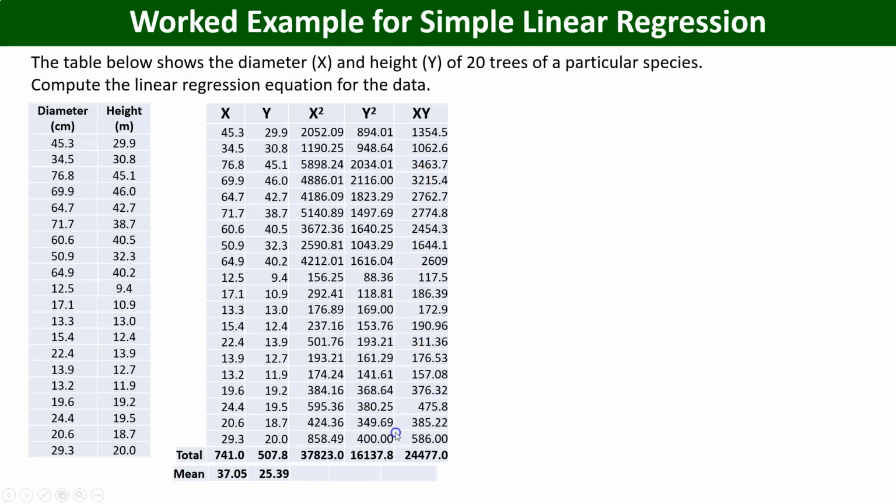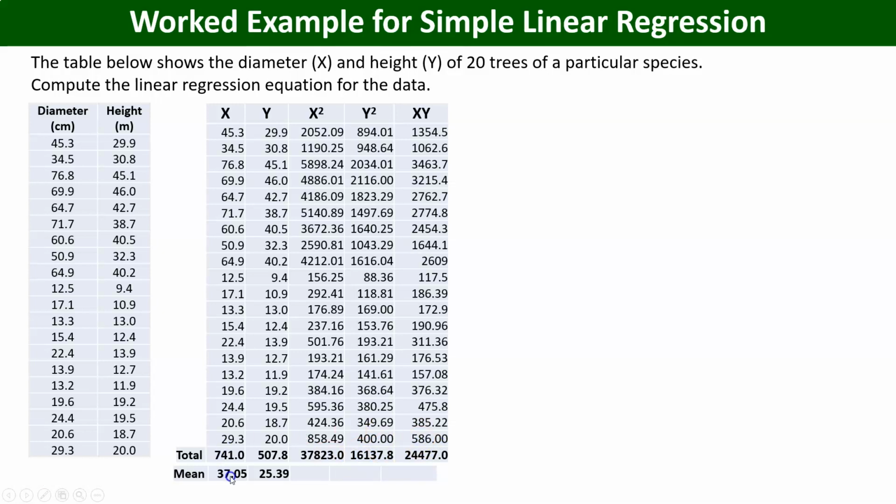Now at the end of the table there, you will see the total row. So the first value there, 741.0, is the value of x total. That's sigma x. And then the y total is 507.8. And then you have x square total, you have y square total, and you have xy total. So you have all those totals.